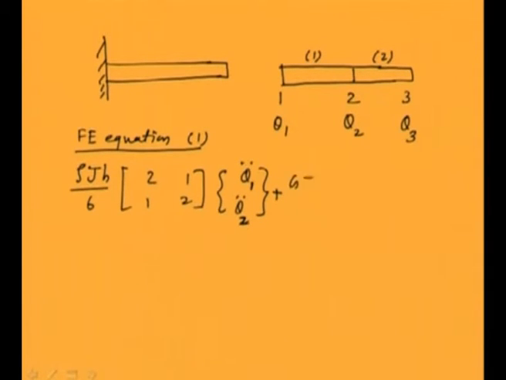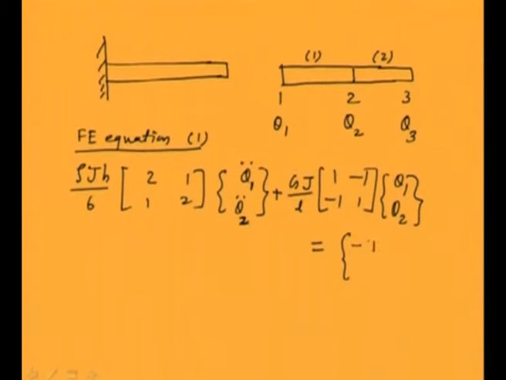Similarly, we have the stiffness matrix, and these are the angular displacements at node 1 and 2, and they should be equal to the internal torque like this.